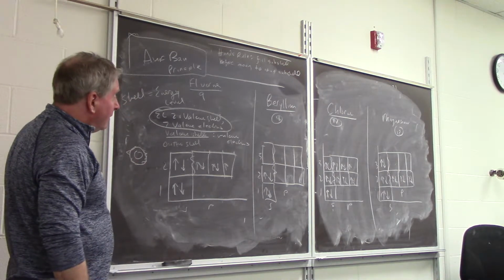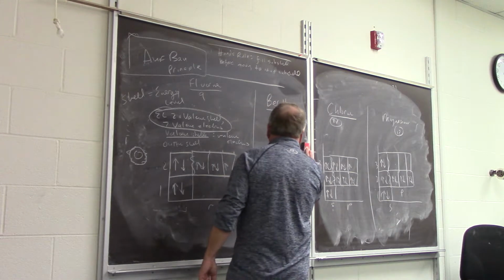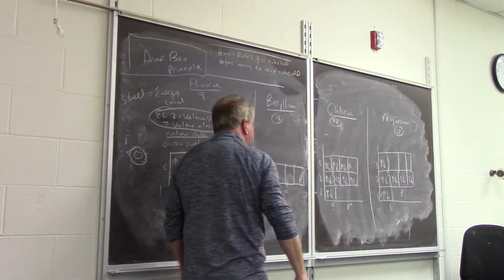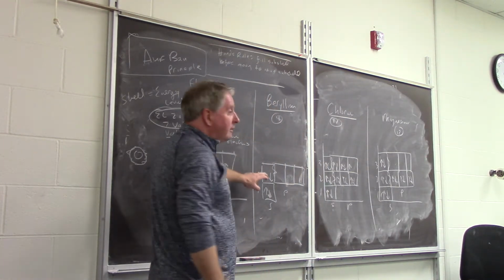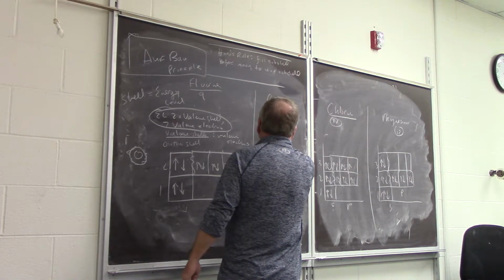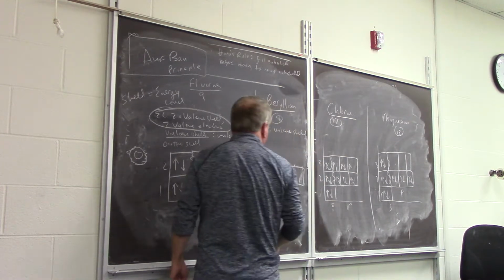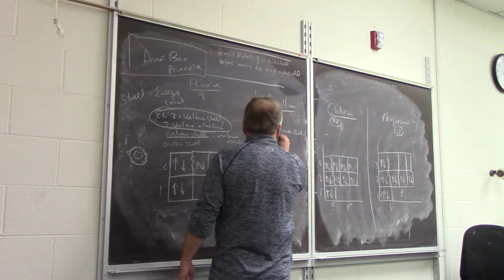All right, let's look at beryllium. We want to figure out the same stuff. What is the skin? It's energy level 2, so energy level 2 is the valence shell. How many electrons? It has 2 valence electrons.